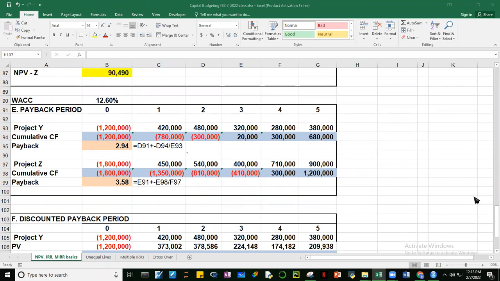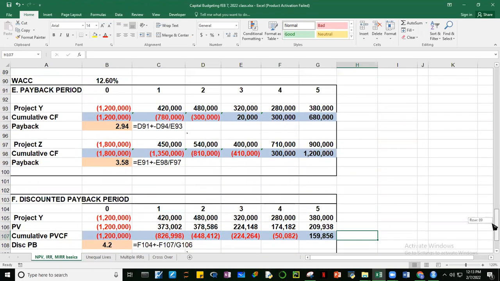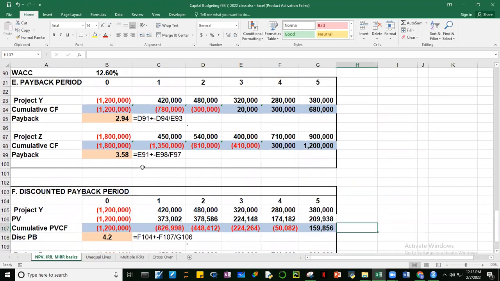In fact, we can use the MIRR to also compute for the modified internal rate of return. Okay, then we also can use payback period or discounted payback period. This just gives us the number of years it takes us to recover the initial investment. Sabi natin, ito, yung payback period is that it does not consider the time value of money kasi we're using the original cash flows. Ang mas tama dyan is the discounted payback kasi what we're adding up are the discounted cash flows.